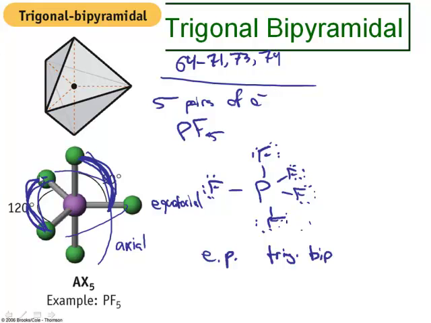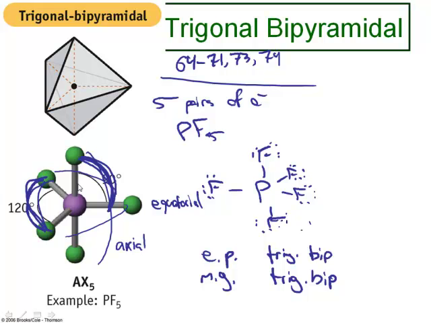So it's a little bit weird and interesting. For this molecule, the molecular geometry is also trigonal bipyramidal, and the reason they are the same is because all the pairs of electrons on the central atom are used to make bonds. There are no lone pairs of electrons anywhere in this molecule. You remember that from yesterday?